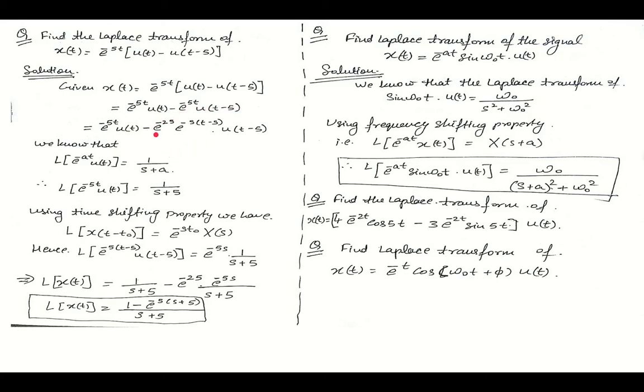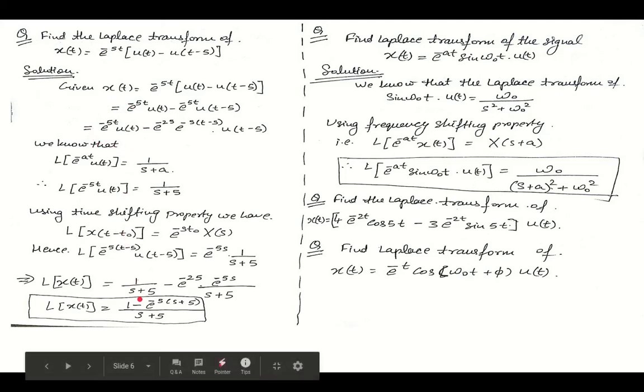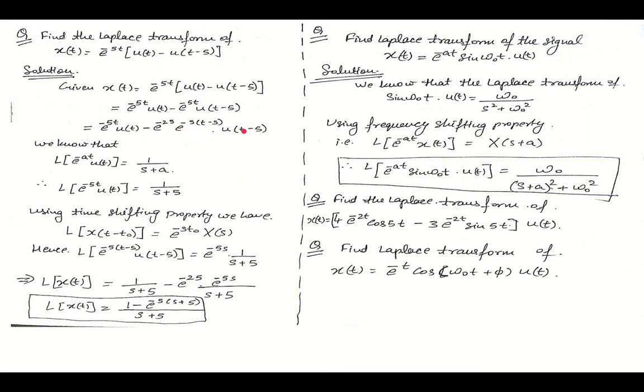Now since e to the power minus 25 is a constant term, I can put it as it is. Laplace of e to the power minus 5t u(t) we have already calculated, that is 1 upon s plus 5. Now this is a constant term, so accordingly I can put it over here, and the Laplace of e to the power minus 5(t minus 5) into u(t minus 5) is e to the power minus 5s into 1 upon s plus 5.